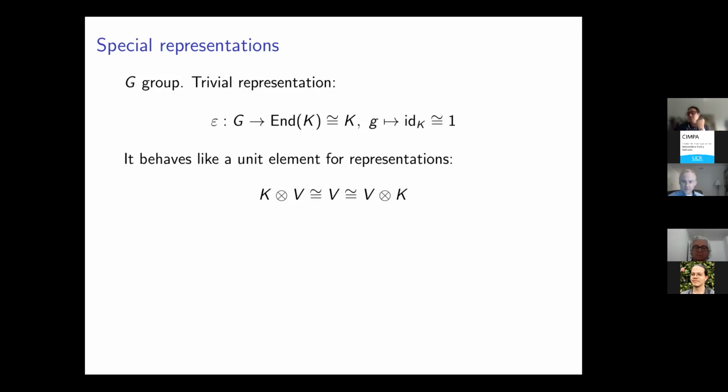This isomorphism is always there, but if I think of the base field K as endowed with the trivial representation, then this becomes a module homomorphism, KG linear, or we also say G equivariant. So this is compatible with the G actions on both sides, for the trivial representation.